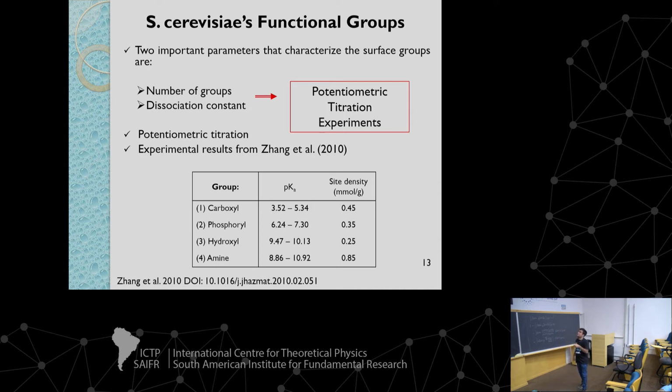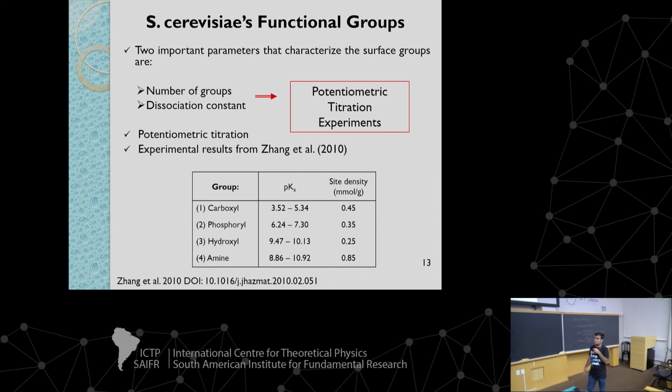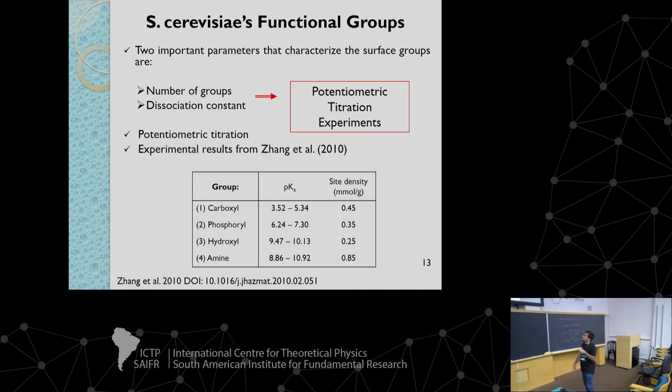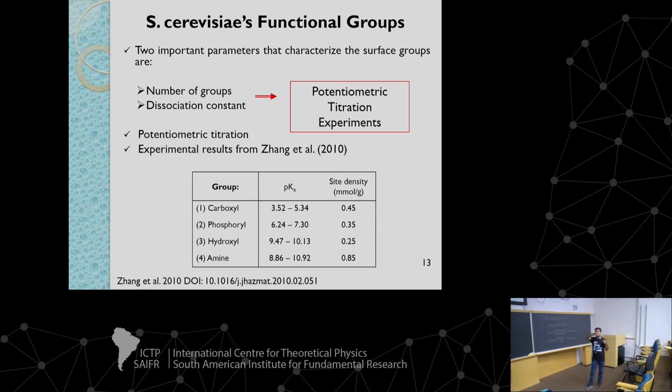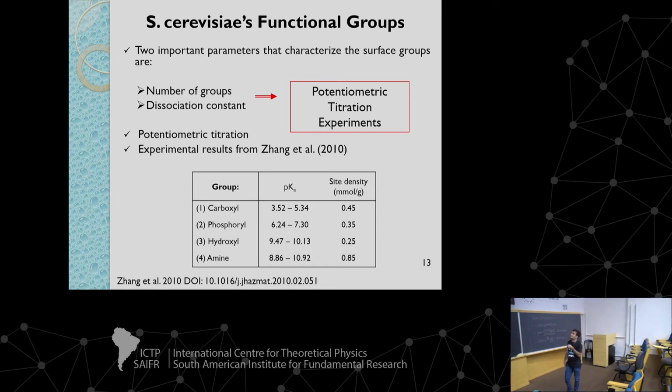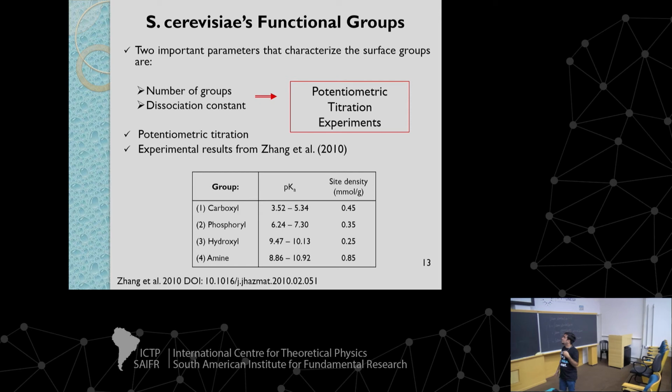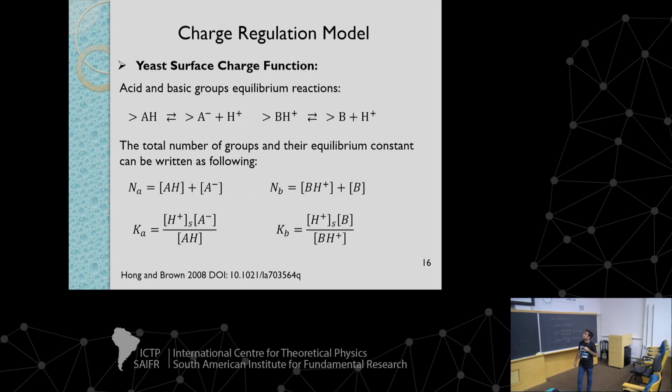These are obtained from potentiometric titration experimental results. So we got those results from these authors, and we can see that we have a range of pKa's, and we can consider a fixed pKa in this range, or, if necessary, try to adjust and find the best pKa in this range, considering the uncertainty of these experimental results, okay?